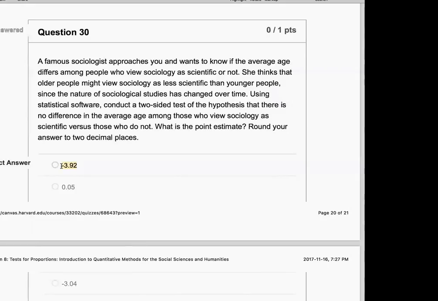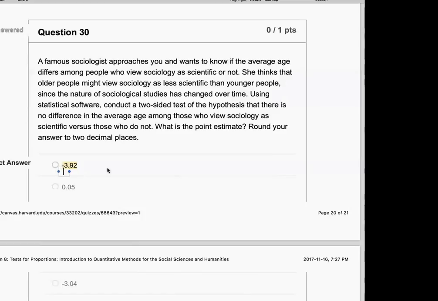This sociologist believes that older people might view sociology as less scientific than younger people, since the nature of sociological studies has changed over time. Using statistical software, in this case RStudio, conduct two-sided tests of the hypothesis that there is no difference in the average age among those who view sociology as scientific versus those who do not. What is the point estimate? Round your answer to 2 decimal places.